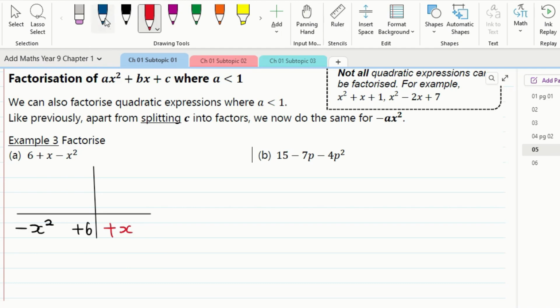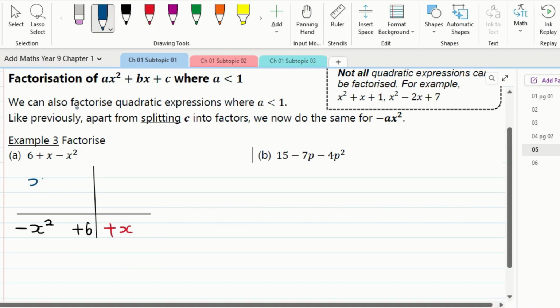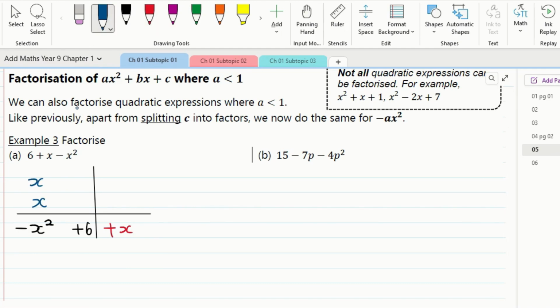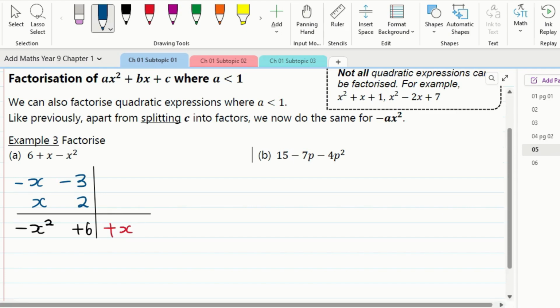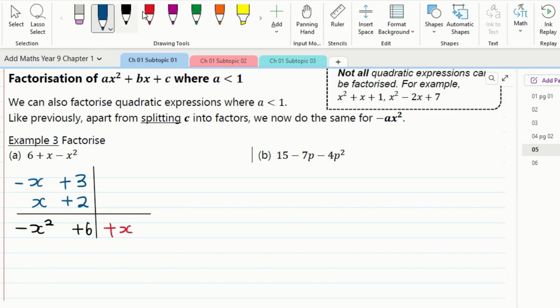So here obviously x squared has a factor of x and x, but then one of them must be a negative, so say that we put the negative sign in the first one, negative x, right? And then for positive 6, it's going to be 3 times 2.